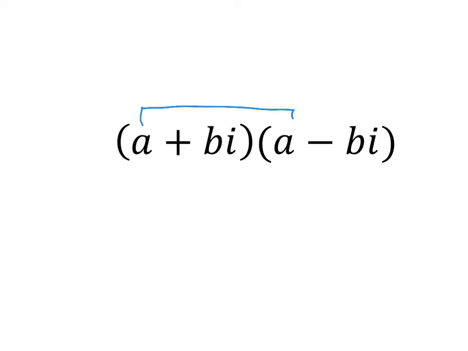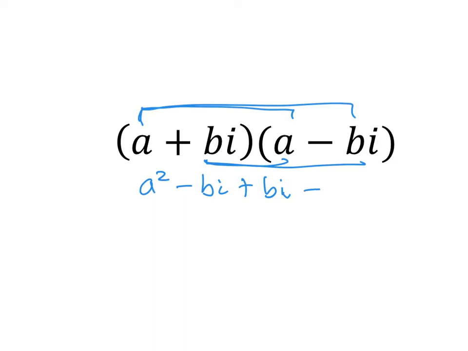a times a is a squared. a times negative bi, positive bi, and then negative b squared i squared. And that leaves us with a squared.